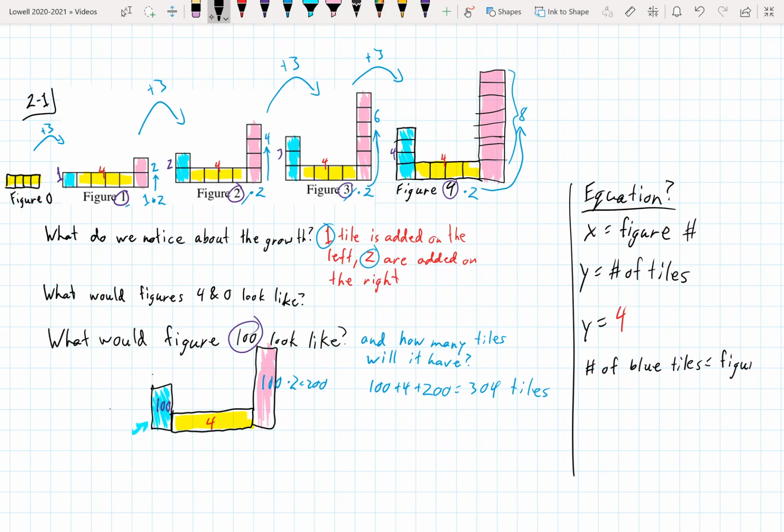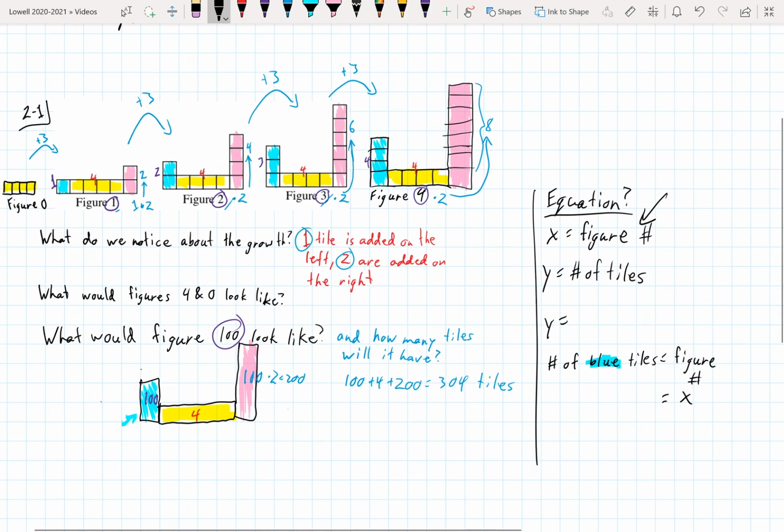It's the exact same thing. The figure number, which in this case we called x, remember, just from up here. Blue being these ones. And so we're going to have to add those in as well. So let me actually write it out this way.